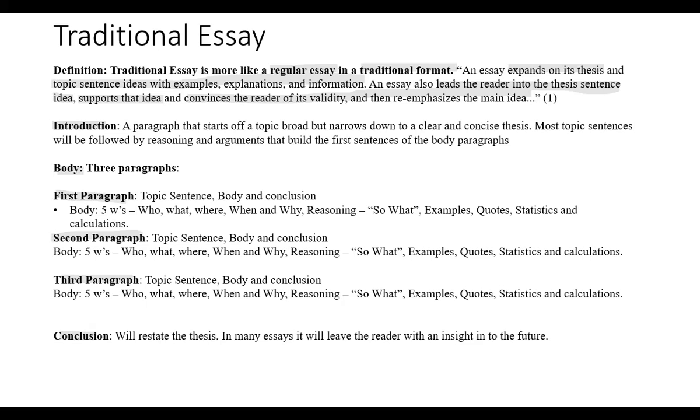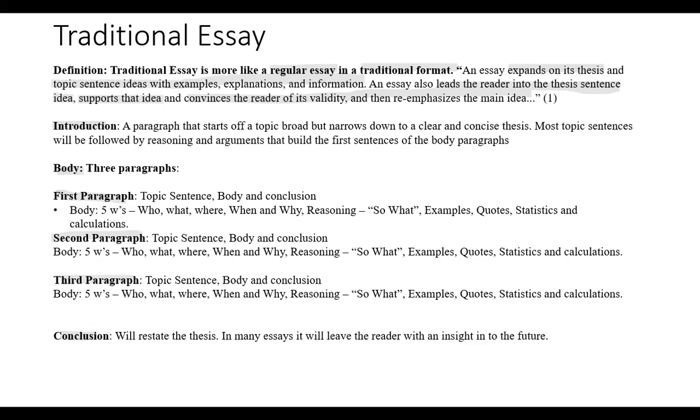Now, this is an essay that you'll see on your exam. It could be part of your assignment, or something that you write for fun. Your traditional essay is more like a regular essay in a traditional format. It starts off with a thesis. It has topic sentences with examples, explanation, and information.